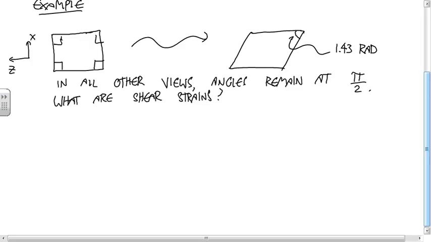Remember, that's a key thing. If we calculate this based on the wrong two faces in this view, we'll get the wrong answer. So we have to figure out what the positive x and the positive z face are, and that's the angle that we want. Okay, so the angle that we really want is this one.